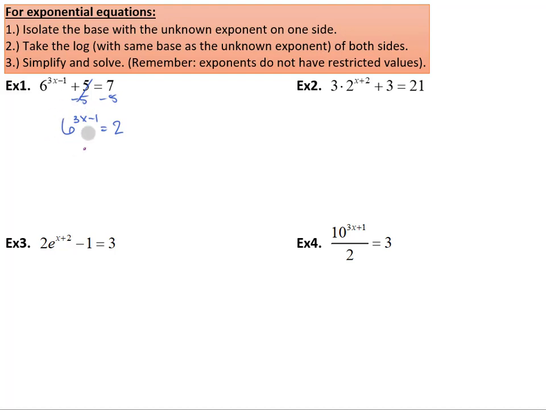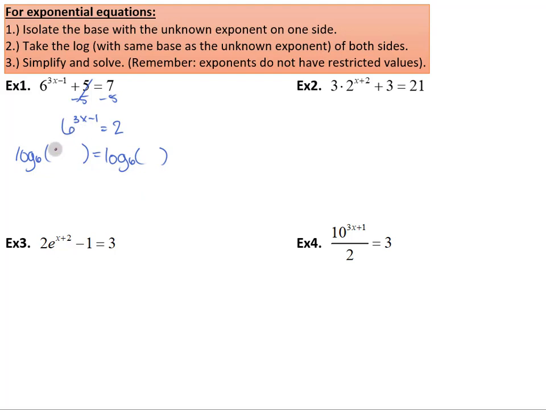Okay, and now that that's isolated, we can take the log of both sides. That's step 2 here. We want to use the base of the logarithm that matches the base of my unknown exponent. So we want to use base 6 here, not 2. So we're going to take log base 6 of both sides of our equation.